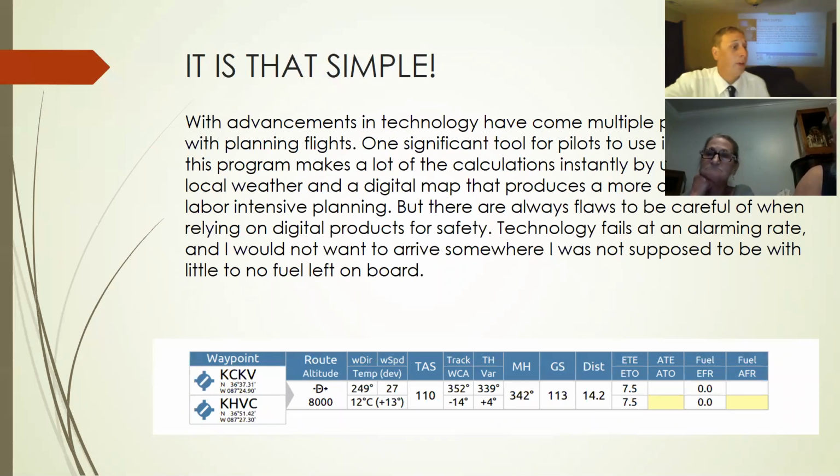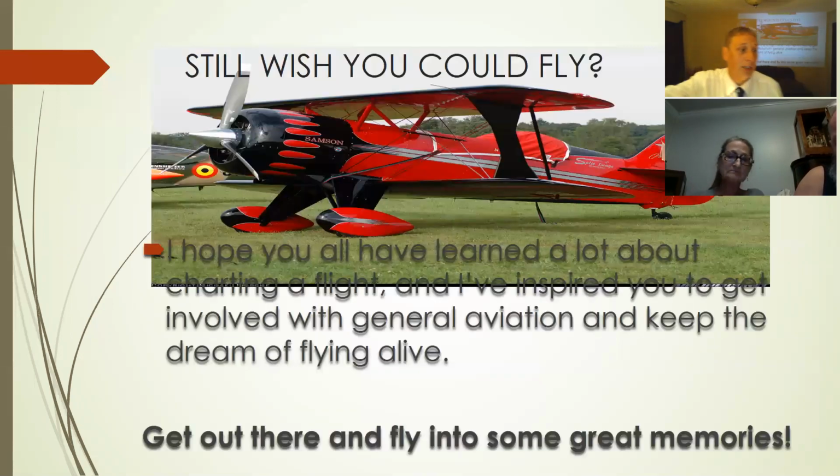So that will be 14 degrees, subtract 14 degrees. 342 degrees minus 14 degrees is 328 degrees.